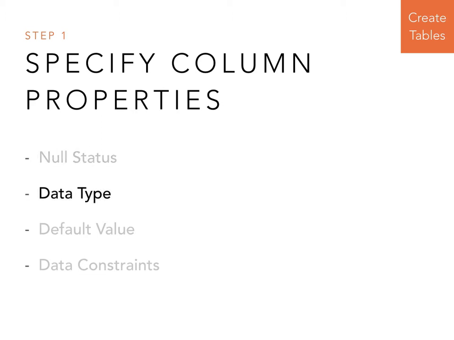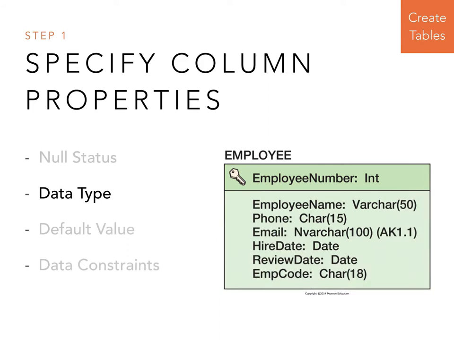Secondly, we will be required to specify the data type of columns. And here's an example of that. Every database has slightly different naming schemes for their data types, but they generally correlate with the same generic data types of a variable length character string, a static length character string, date, time, money, integer, decimal, those different kinds of values.